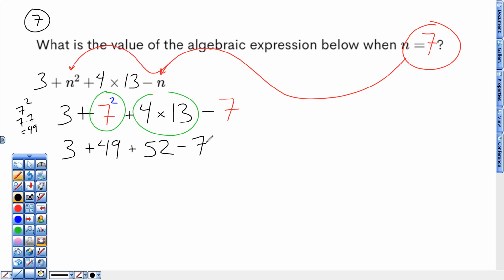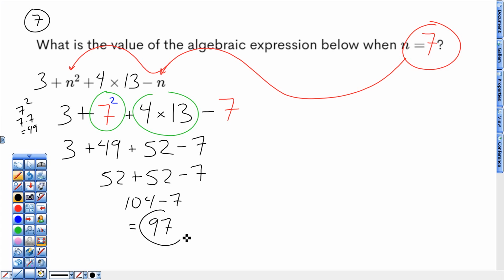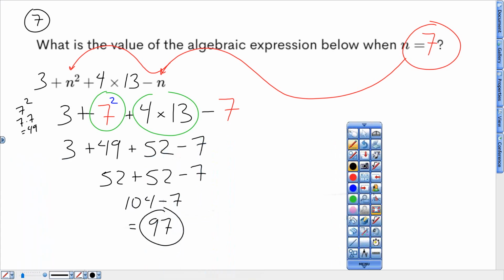This gives me 3 plus 49 is 52, plus another 52 minus that 7 gives me 104 minus 7 gives me 97.